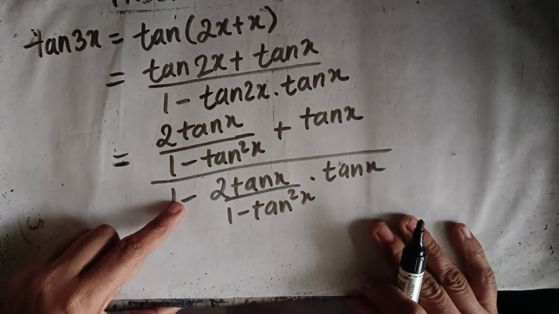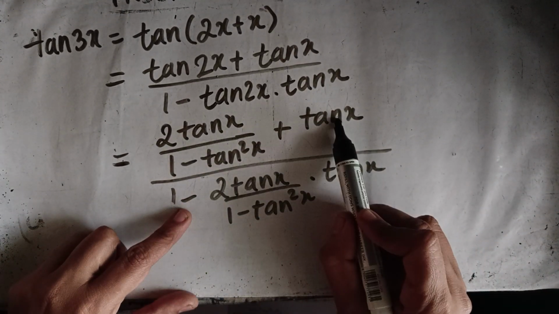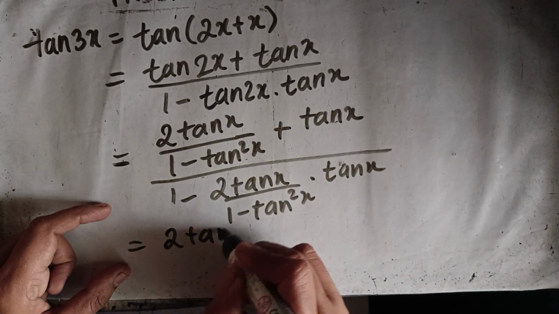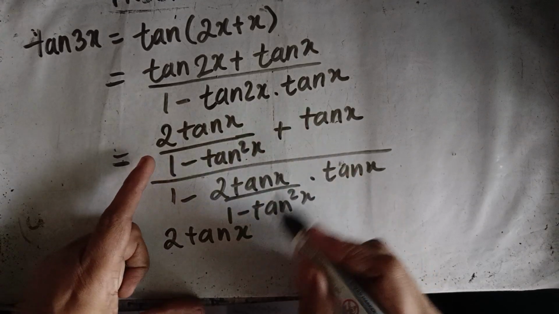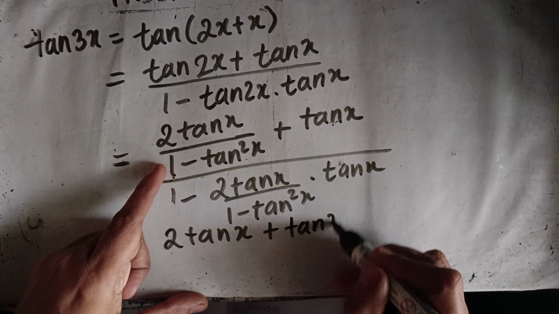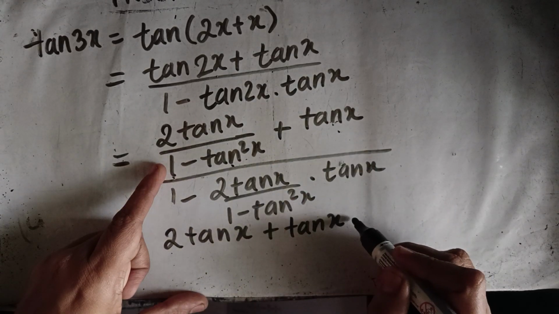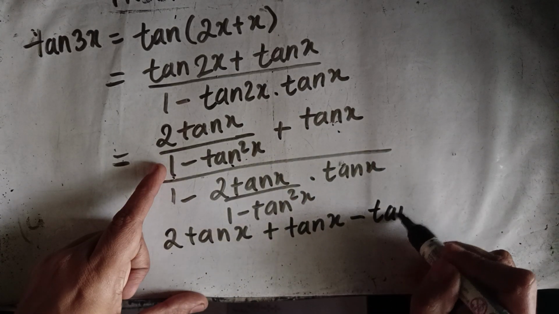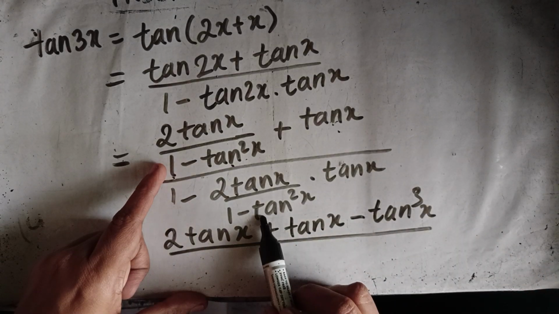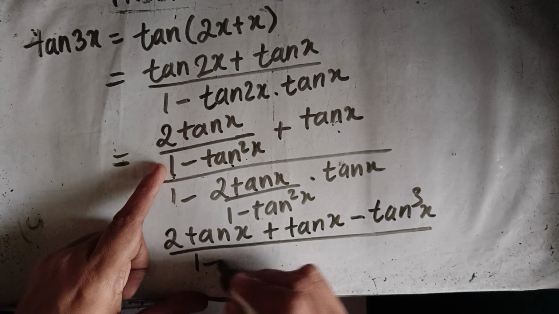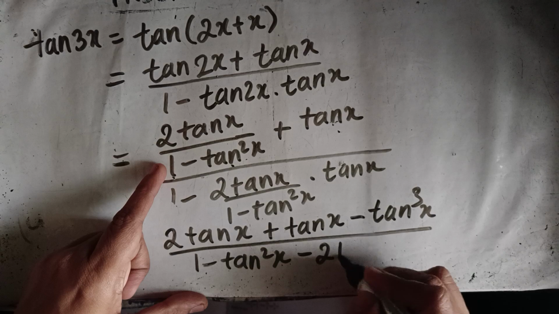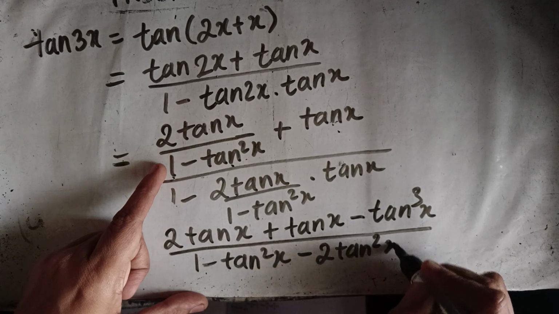Okay. So here you have to cross multiply. So this will be 2 tan x plus tan x into 1 minus tan square x, so tan x into tan square x is tan cube x. On the denominator I'll write the cross multiplication: 1 minus tan square x minus 2 tan square x.